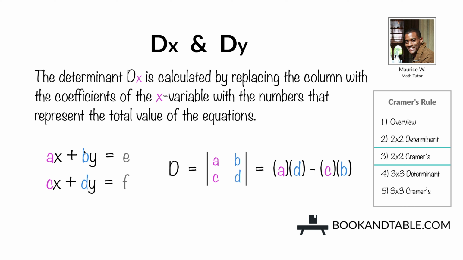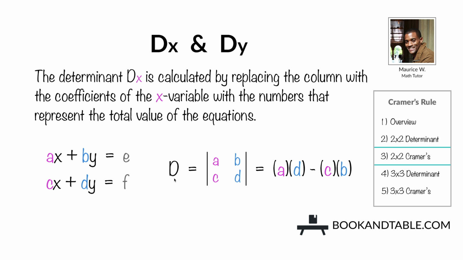So for the determinant of this 2x2 system, you would take a, the coefficient of x, and c, this coefficient of x, and that would be the first column. Here we have the coefficient of y, which would be b and d, so those would be placed in the second column. And then we use the formula for a 2x2 determinant to calculate the determinant of this system.